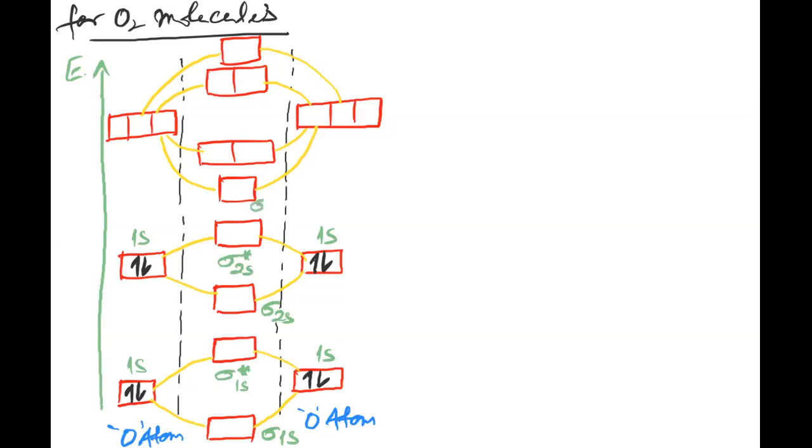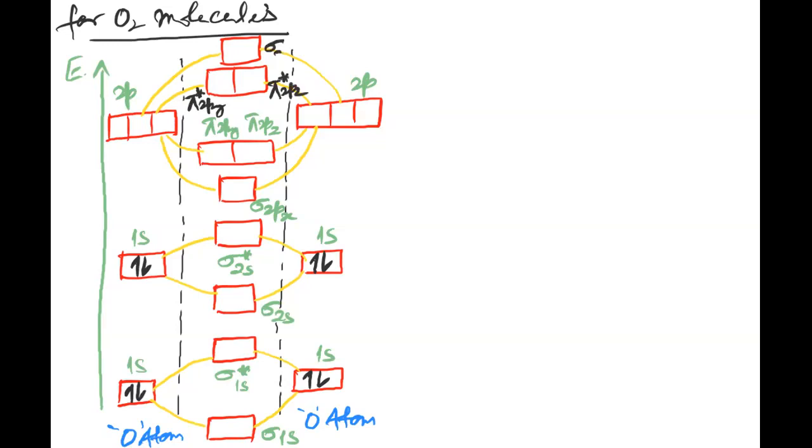This orbital may be sigma 2px. This is pi 2py and pi 2pz. This orbital is nothing but 2p and 2p. This orbital is nothing but pi star 2py and pi star 2pz.